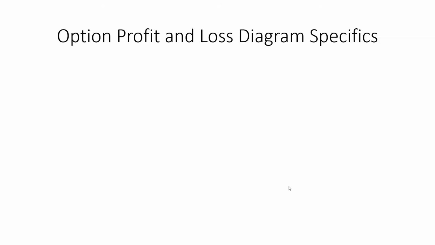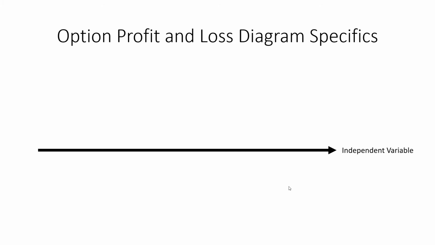So let's go through a couple of the beginning basics, the specifics of them. First of all, I'm going to bring you back to your math class, probably from grade school, where whenever you looked at a graph, you looked first at the x-axis. The x-axis is generally where we put our independent variable. This is the variable that doesn't depend on whatever we're analyzing, and in this case, it's going to be whatever the underlying symbol price is.